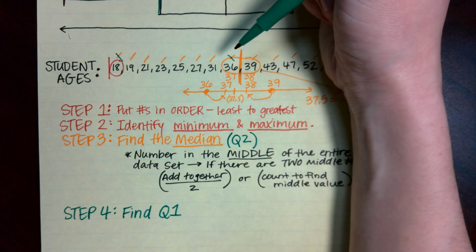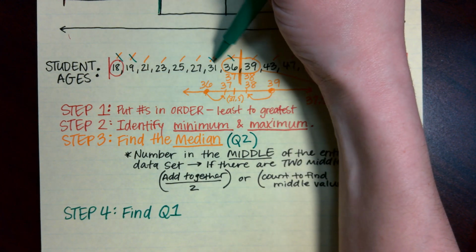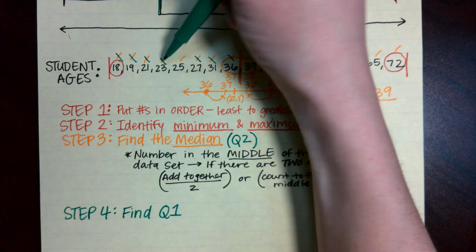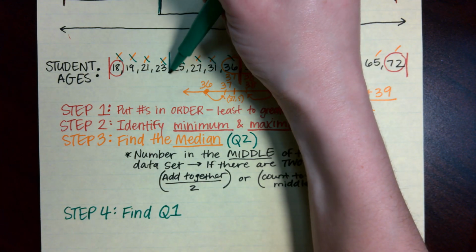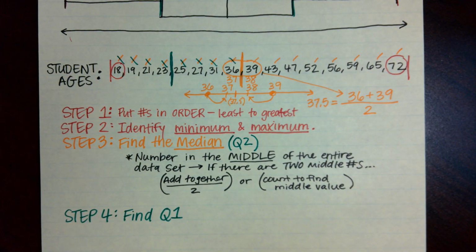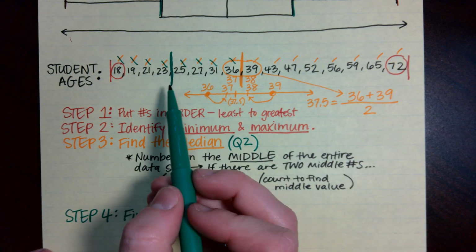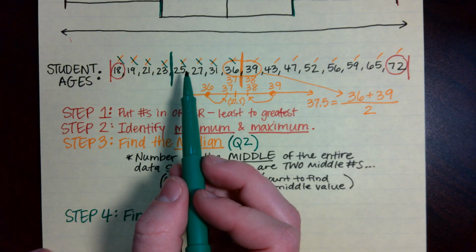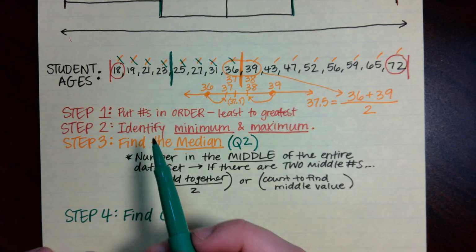18 and 36, 19 and 31, 21 and 27, 23 and 25. It's somewhere in between 23 and 25. What number's in between there? 23, then 24, then 25. We don't need a half number for this one.